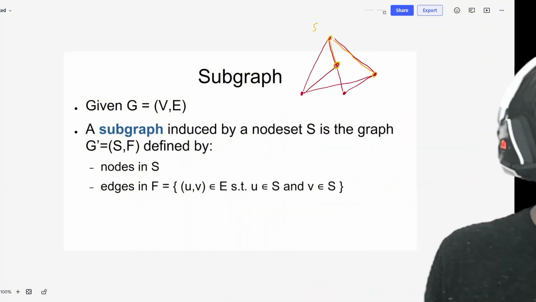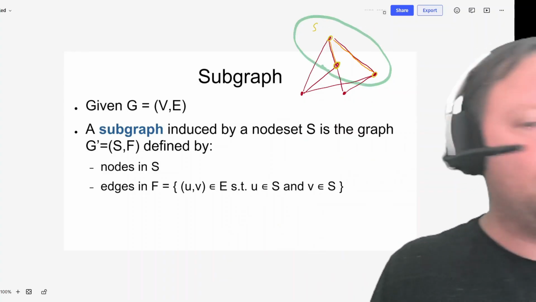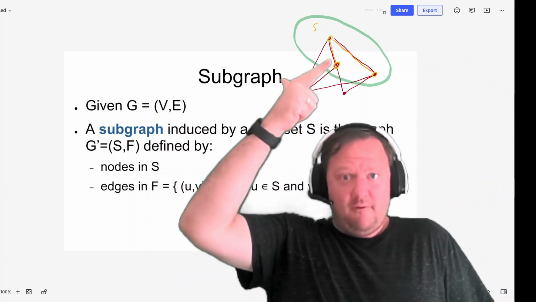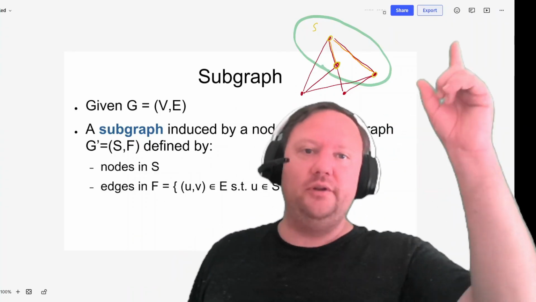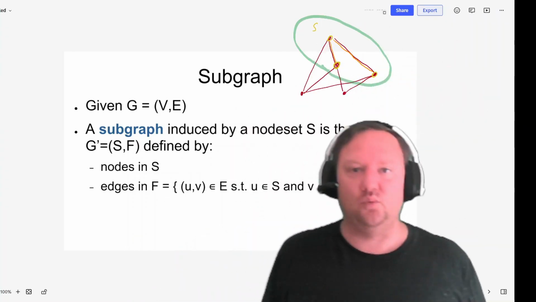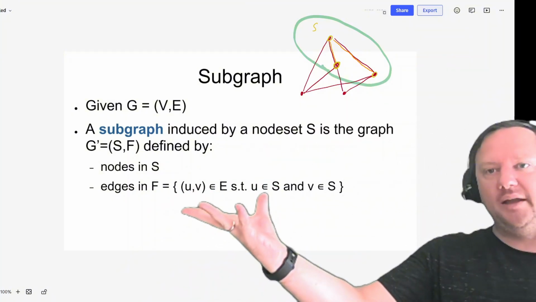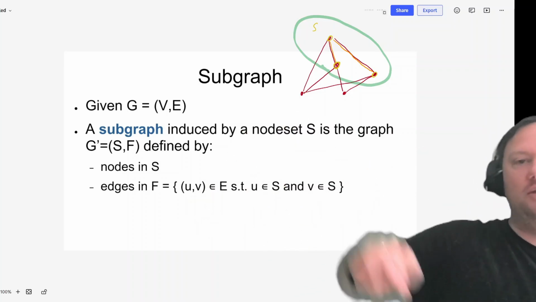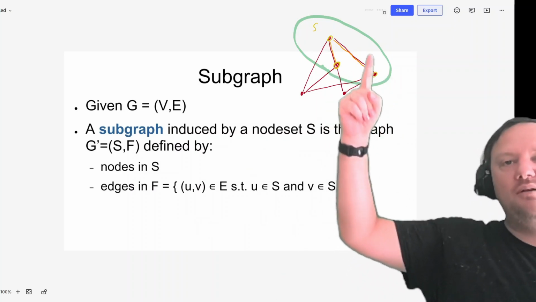So this thing right here is the subgraph induced by S, right? So S, again, is just any arbitrary choice of vertices, and then you can induce a subgraph by selecting only those vertices and only the edges running between those vertices, and that is all somewhat formalized in what you see here in the notes. Anyway, the whole point is that this is how we define the notion of a subgraph, right? So anything that is like this is a subgraph of the original graph.